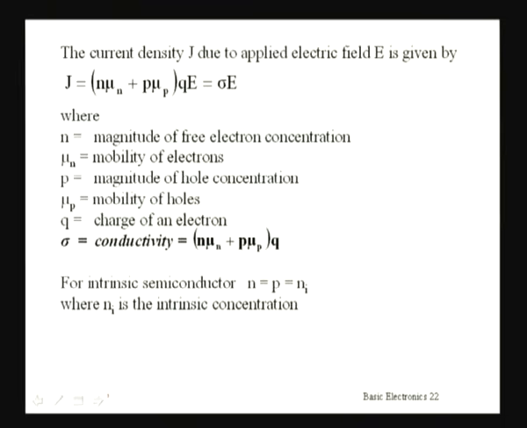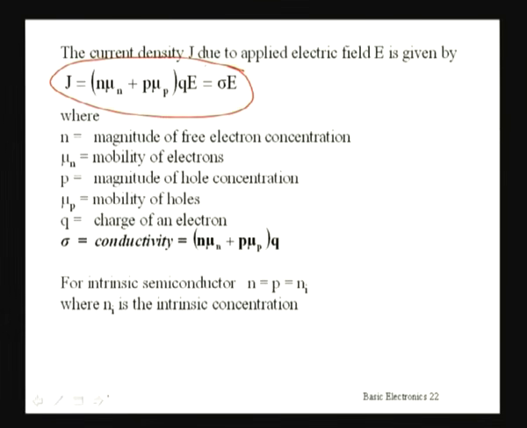So the current density, after the application of an electric field E, is given by this expression. The current density J is equal to N times mu N plus P times mu P, into Q into E, which can be written as sigma into E. Now, what are those terms?